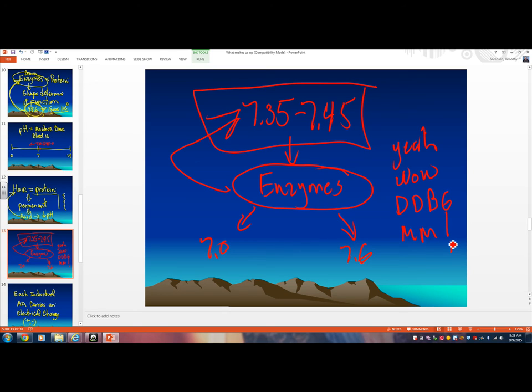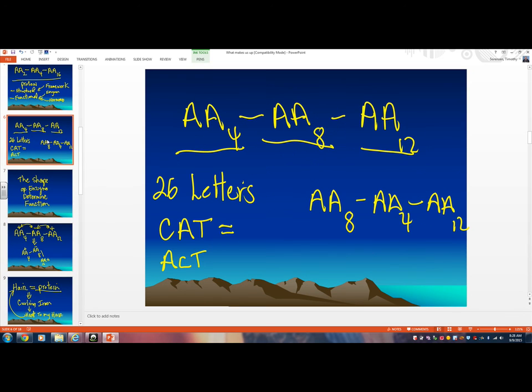Bam. Now you understand why a fever's bad, or why, when your body temperature gets cool, you're outside in the cold for so long, you don't work so good, or if you alter the pH. So again, the most critical component that you need to understand today is enzymes are made of protein. What are proteins made out of? Individual amino acids chemically bonded together.